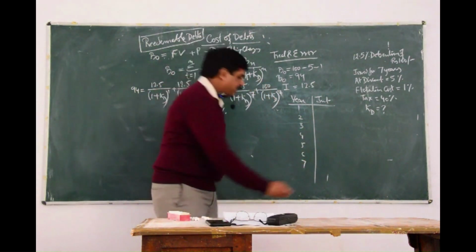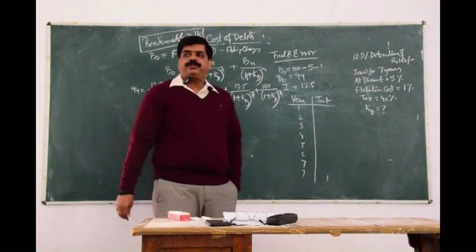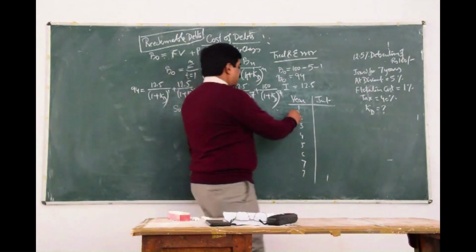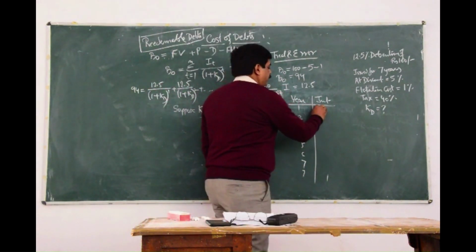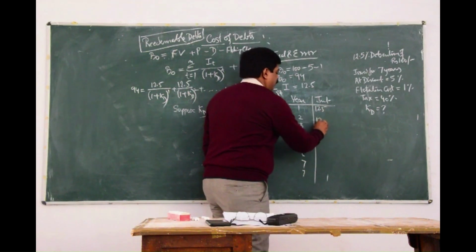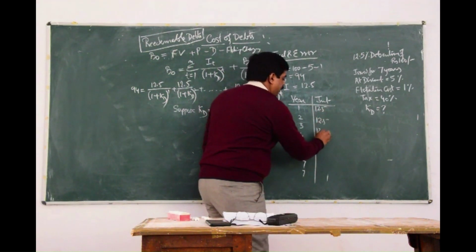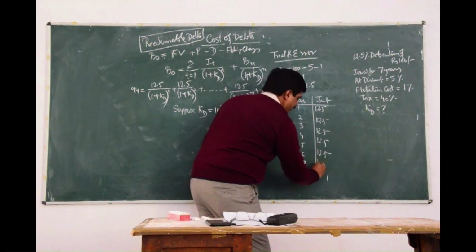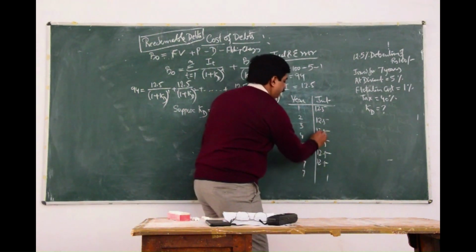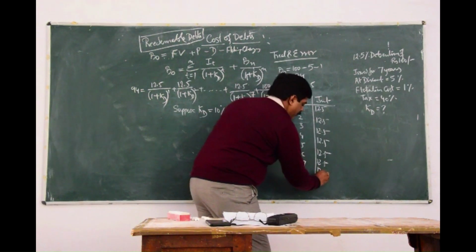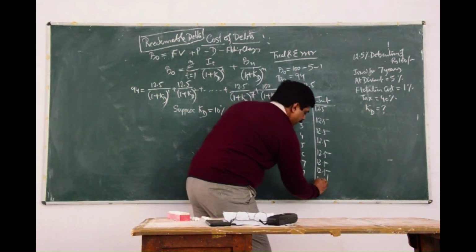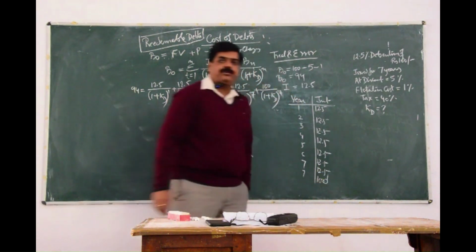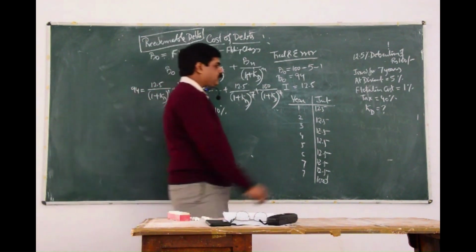Seven years, and one more 7 for maturity. And here we have 12.5, 12.5, 12.5, 12.5, 12.5, 12.5, 12.5, and lastly it is 100. Maturity is 100. What can you do?